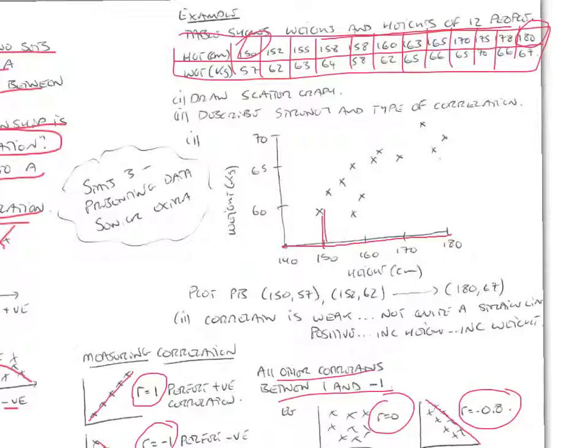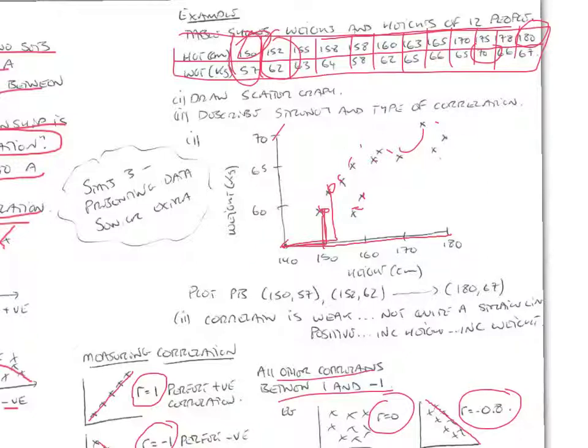And then we have our weights. We're going as far as 70 is the highest one there. So we'll go from 50 to 70. And then we simply plot the points. So we have 150 and 57, out 150, up 57. 152 and 62, out 152 up to 62, and we just plot all the points accordingly, and that is our scatter diagram.